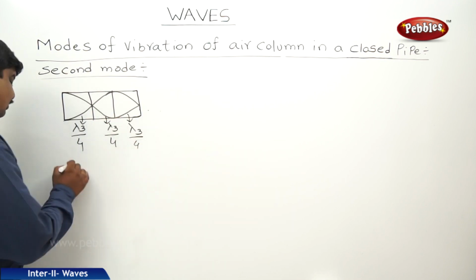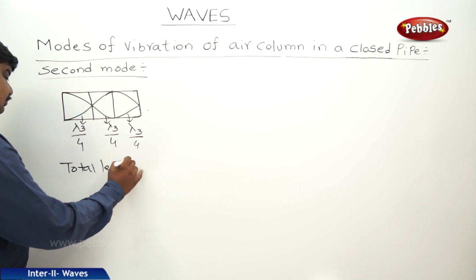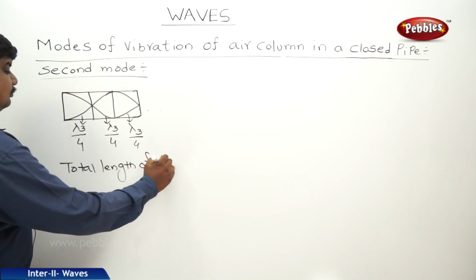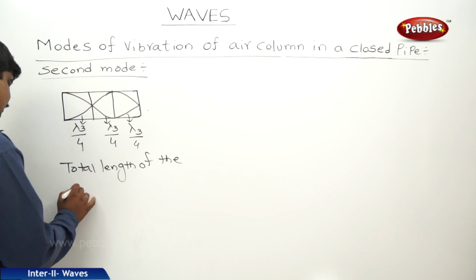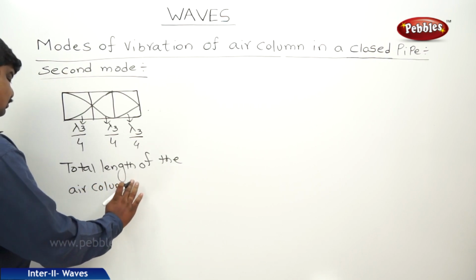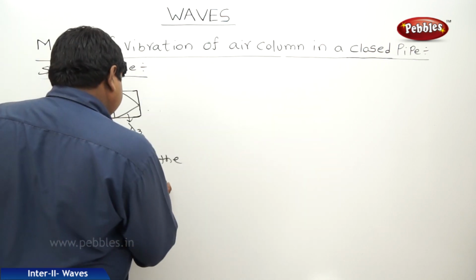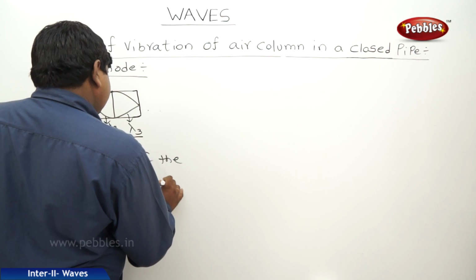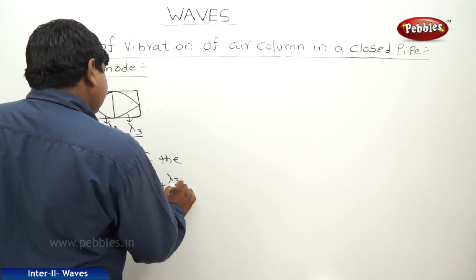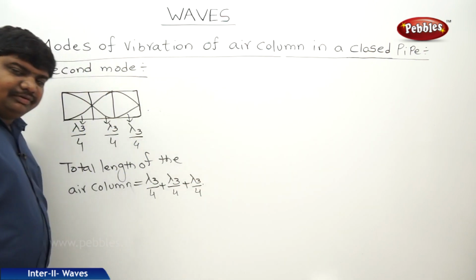So the total length of the air column is equal to λ3/4 plus λ3/4 plus λ3/4.